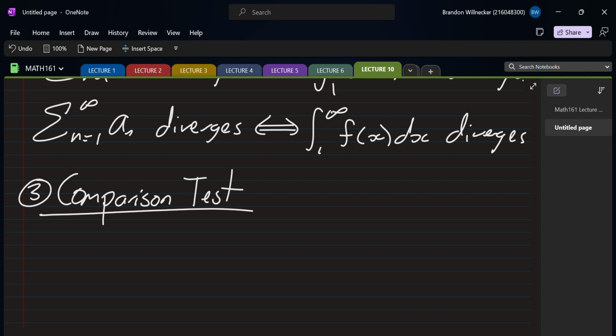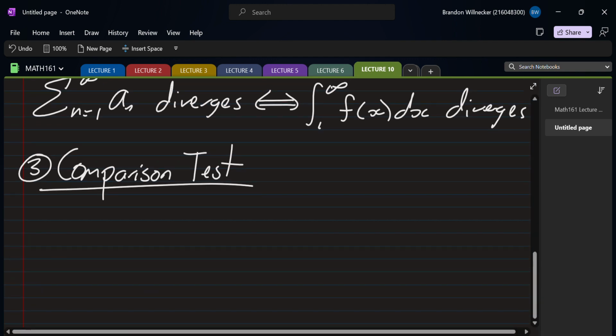One of them that we know now, the sum from n equals 1 to infinity of 1 over n, we know that diverges, so we can use that later on. We also know that the sum from 1 to infinity of 1 over n squared converges. We had that earlier, so we can use that to test other series.